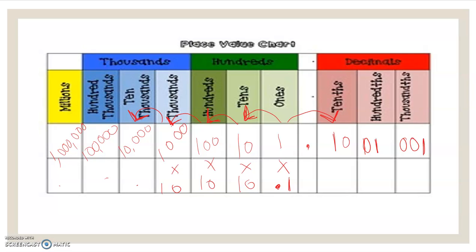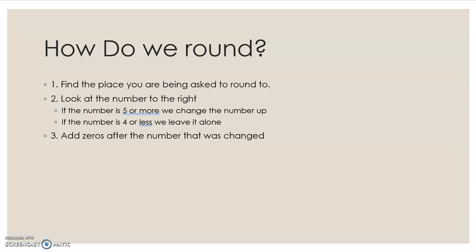Now, if we were to multiply 0.1 times 0.1, we would get our hundredths place, or 0.01. And if we were to multiply 0.01 times 0.1, we would get our thousandths place, or 0.001.